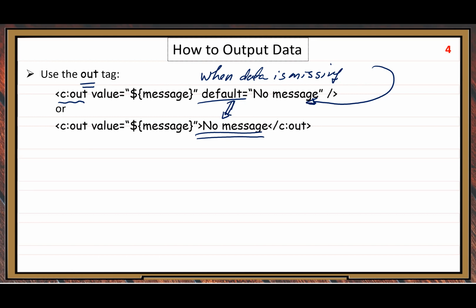Here, when you see this kind of expression, you can compare it with our normal EL expression for the message. What's the difference? When we use the normal EL expression, you don't have a chance to give a default message, right?